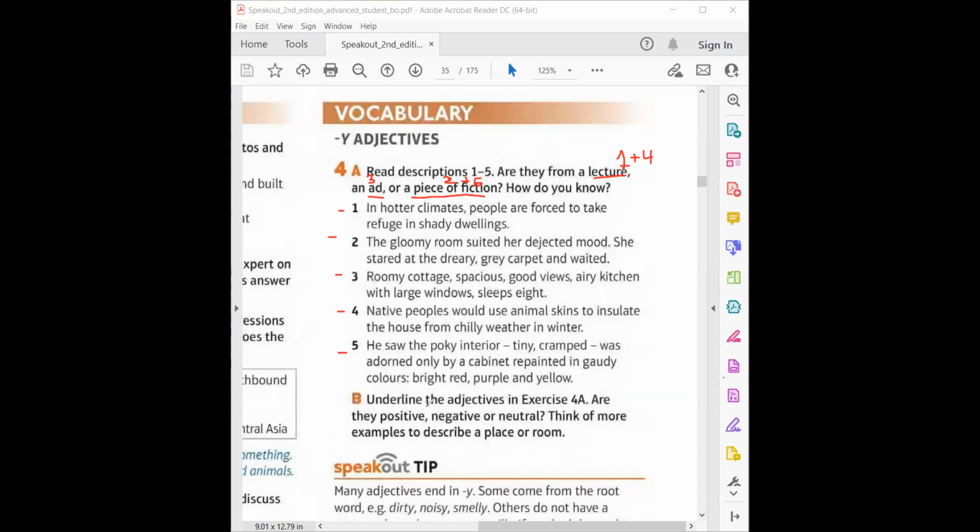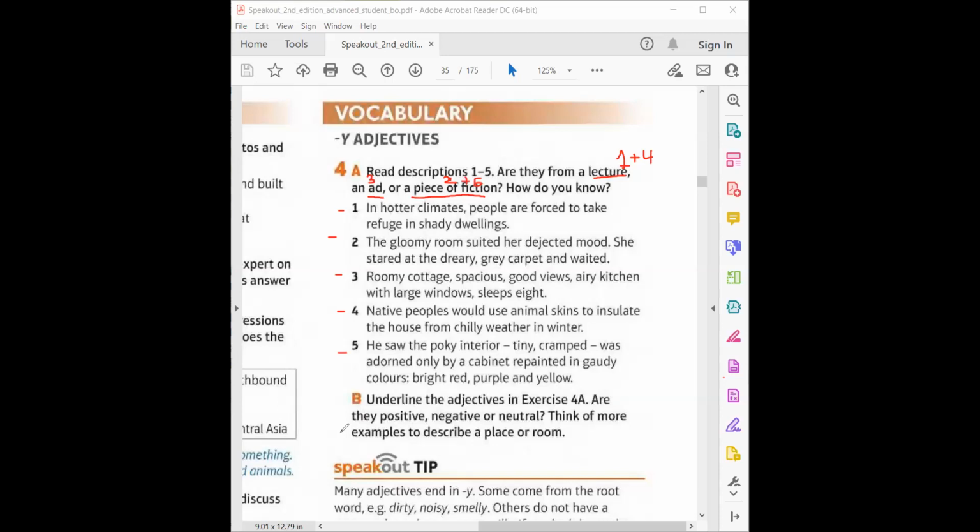So pokey interior. What does it mean? Interior. Okay. Yeah, pokey is an adjective. Here, I think it means like slow, the pokey interior, tiny and cramped, was adorned only by a cabinet.